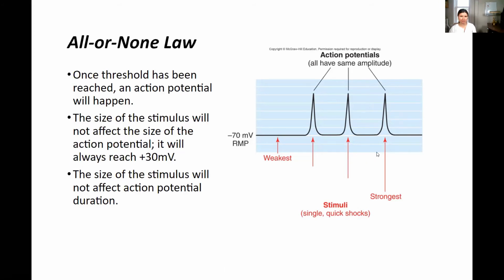So we're never going to fire off an action potential that looks different in terms of the curve. The only thing that we can vary is how fast they get fired off, so how many in a row. And we'll talk about the constraints on that in a second.